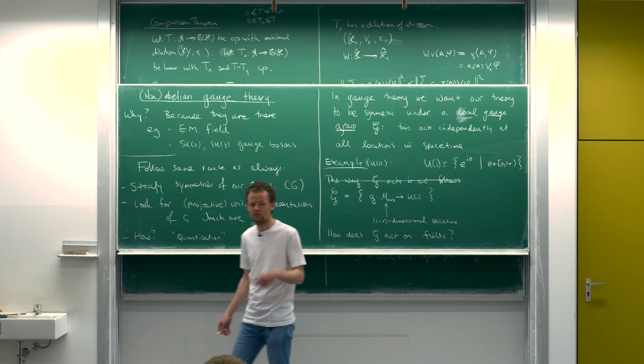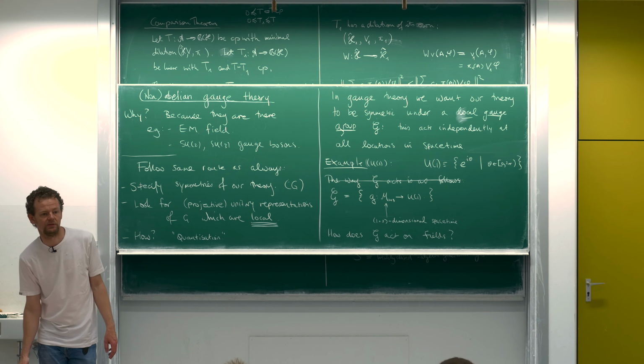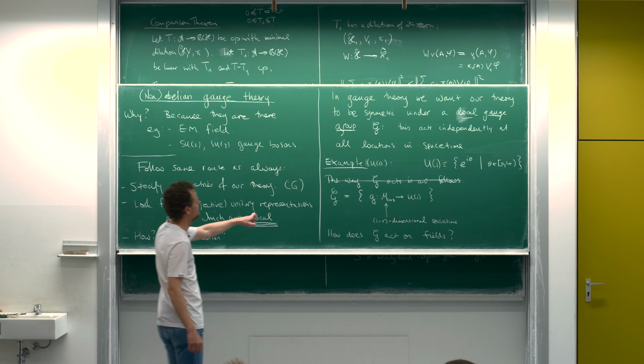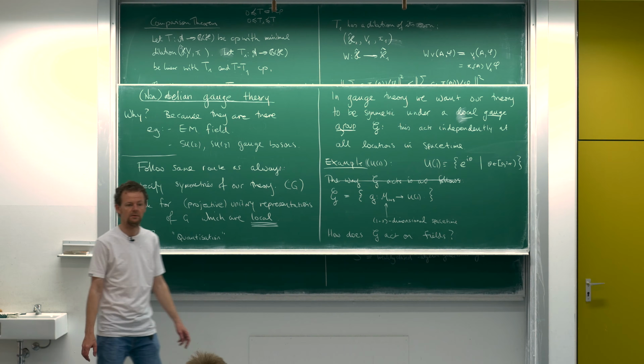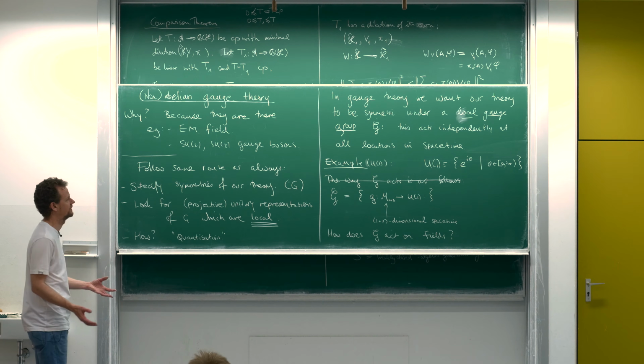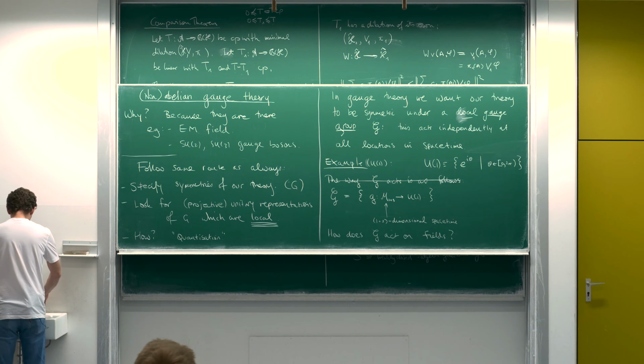So the question we're going to now turn to is, how do we actually want to find representations for this gigantic group G? Well, we have to say a little bit about how G is going to act, how do we think of it as acting on the fields of our theory.